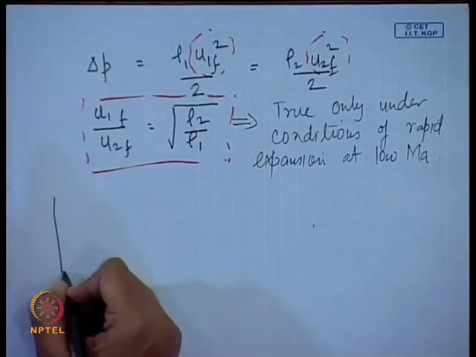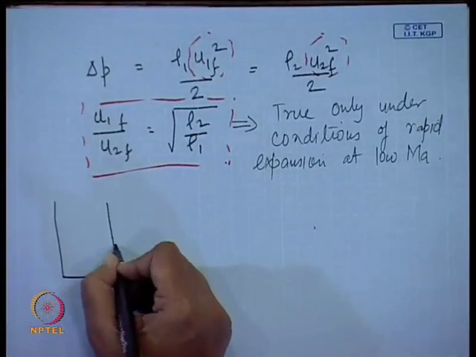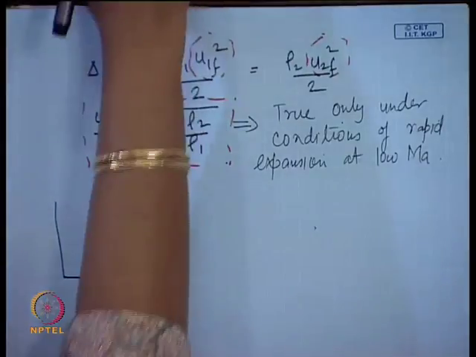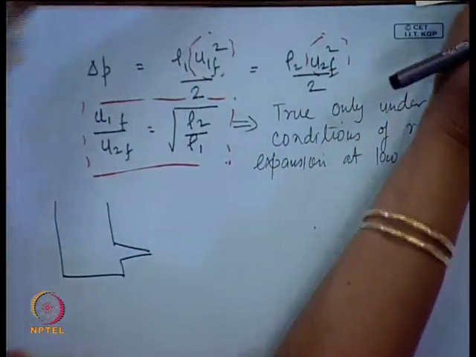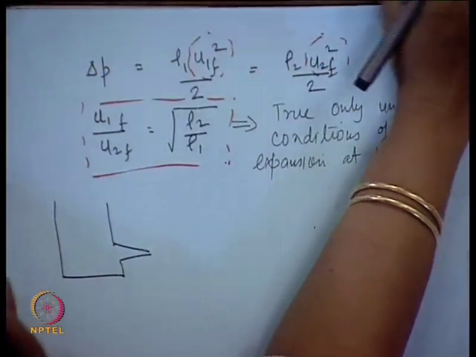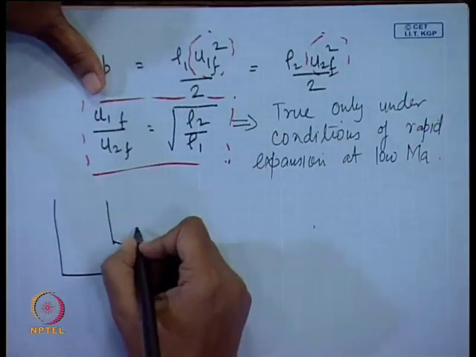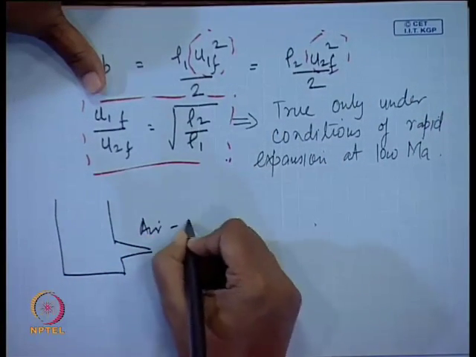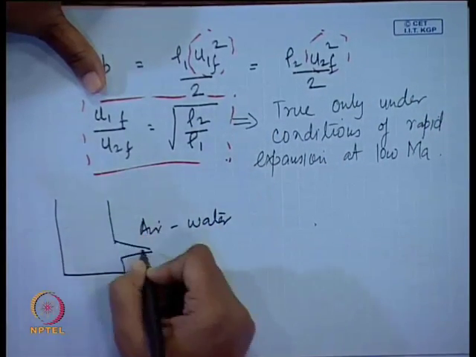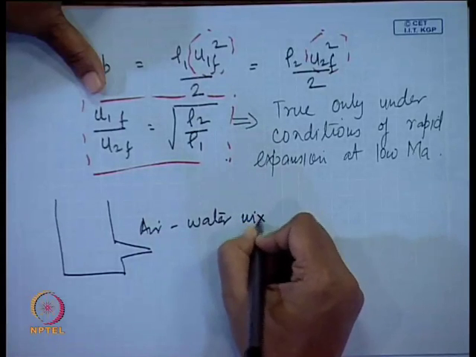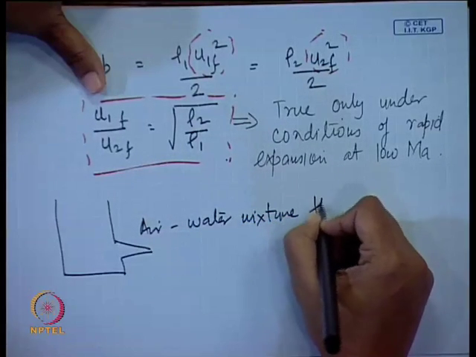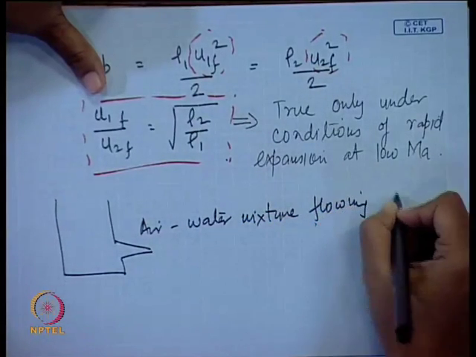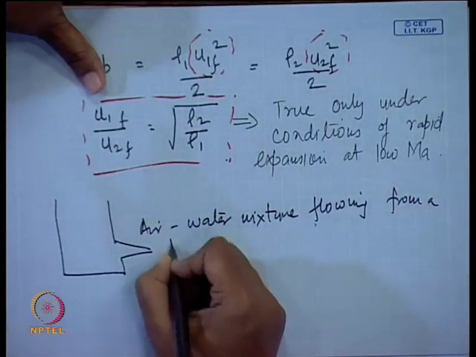Now, say we have a very large tank, and from this particular tank, an air water mixture is flowing out. Okay. An air water mixture is flowing from a large tank through a nozzle.